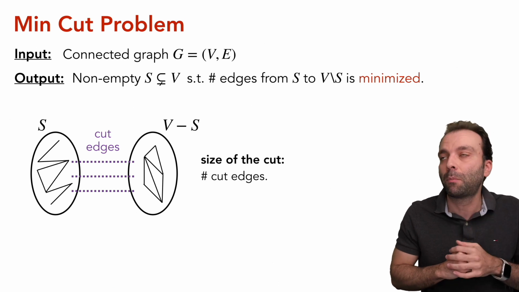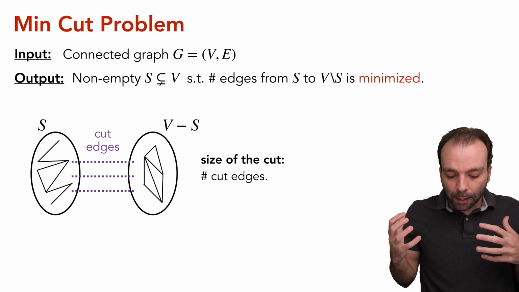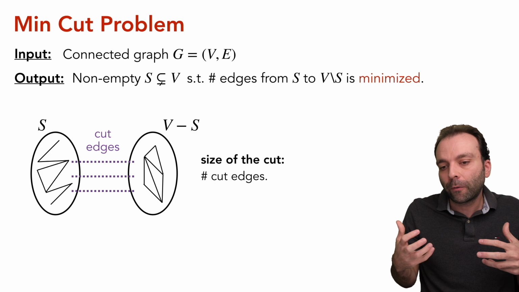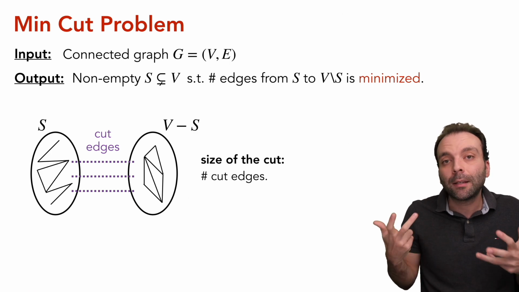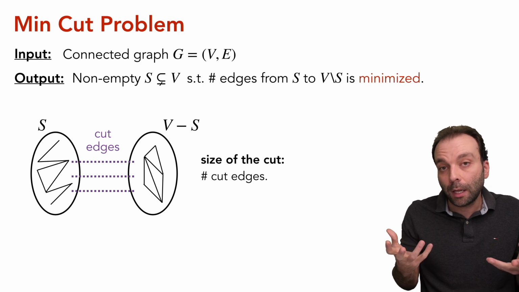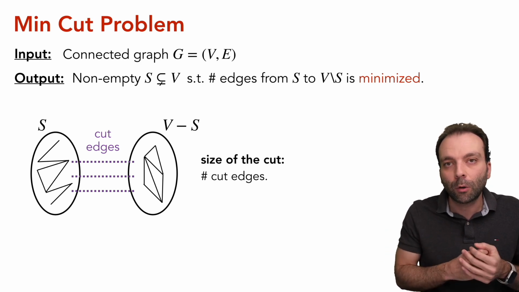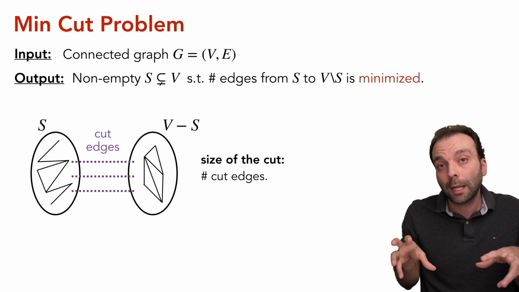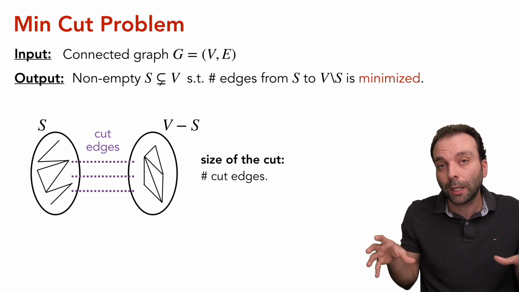Why is the min cut problem interesting? It gives you a measure of how connected your graph is. If you have a min cut value of 0, let's say we didn't assume the graph is connected, then that's a disconnected graph.